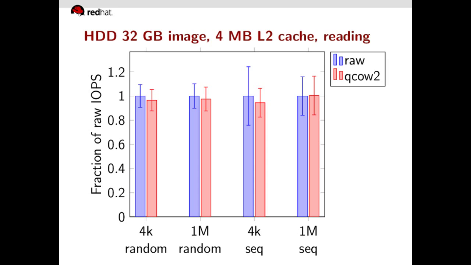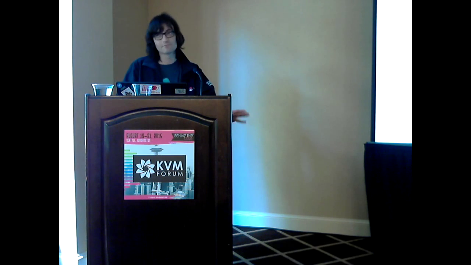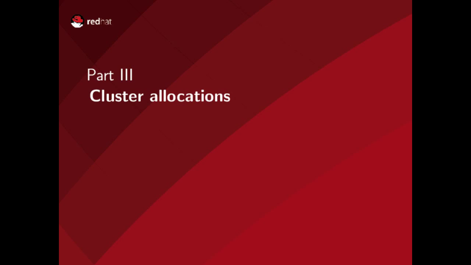So what this tells us is that there is no significant difference between raw and qcow2 for pre-allocated images, as long as the L2 cache is large enough, which you or your management tools have to make sure it is. So that means without copy on write accesses, everything's good. But, well, the format is named qcow2 for a reason, right? You probably want backing files most of the time. So what happens then? And that's what Kevin will talk about in part 3.